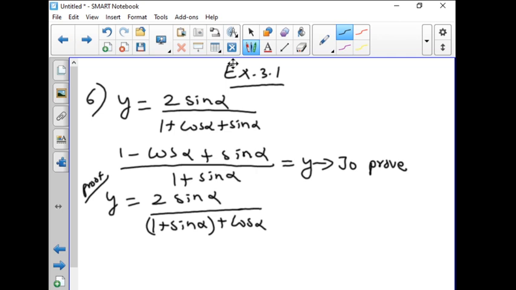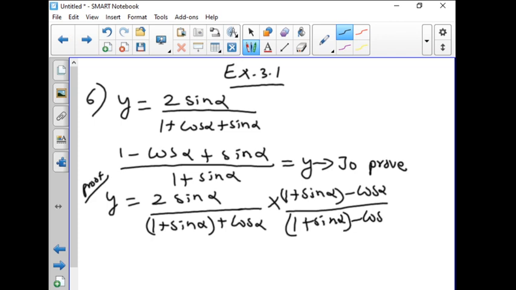So we are grouping it like that. So now multiply this with the conjugate of the denominator. So what is the conjugate? 1 plus sin alpha minus cos alpha by 1 plus sin alpha minus cos alpha.